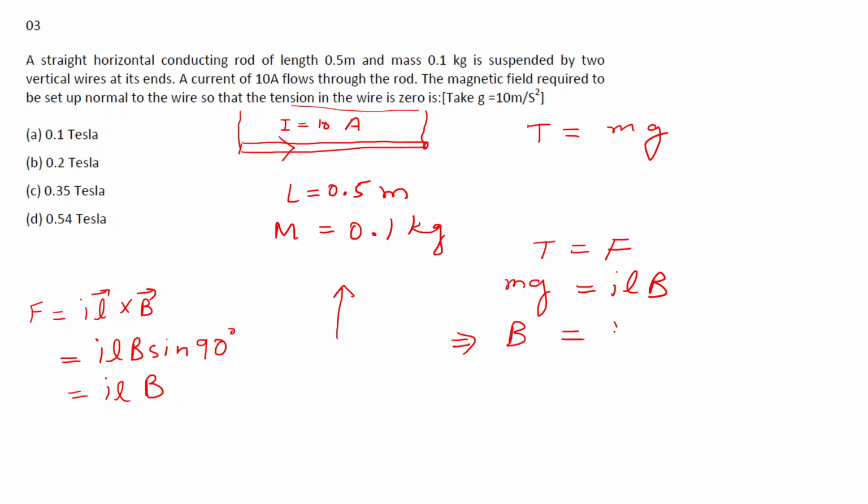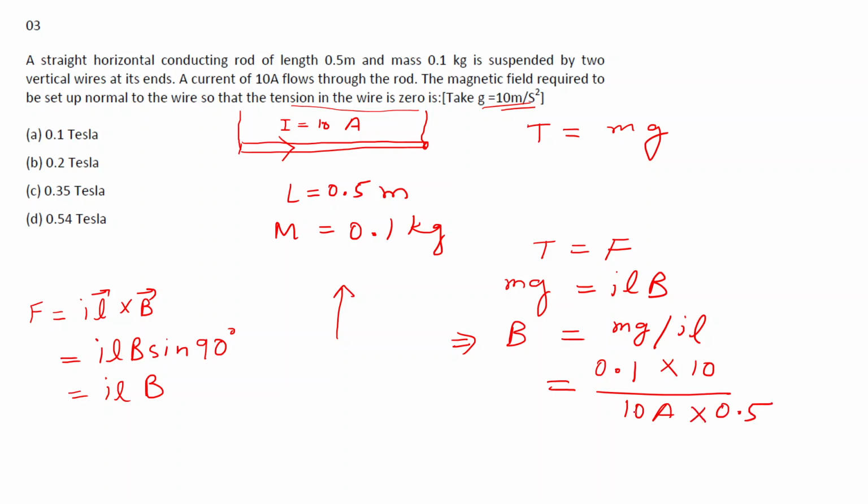So B will be mg over IL. Now when we substitute the values, mass is 0.1 kg, the value of gravity we have been asked to take is 10 meters per second square, divided by the current, which is 10 ampere, and the length is 0.5.